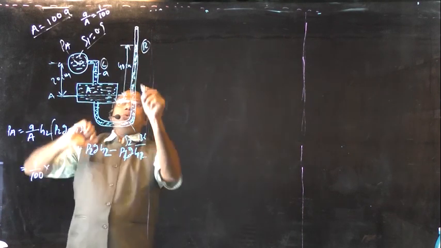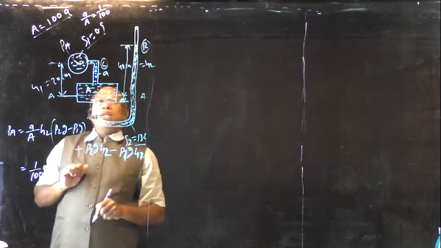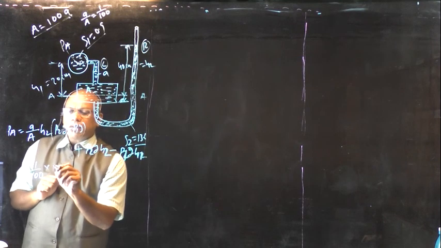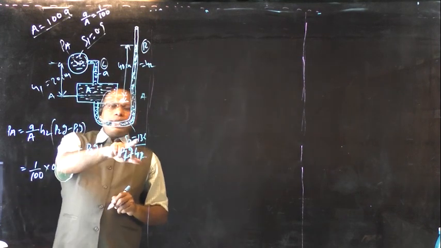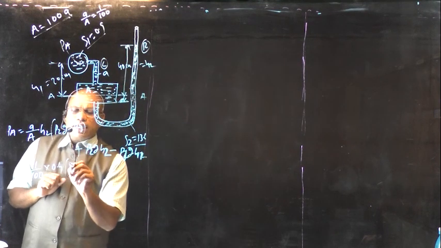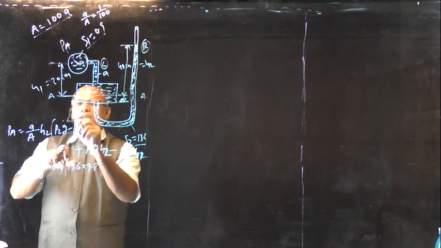This is H2, and this is H1. H2 is 40 centimeters, that means 0.4, into the density of the manometer liquid, that is 13.6 into 9.81, the g value.